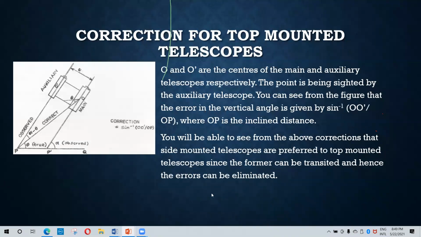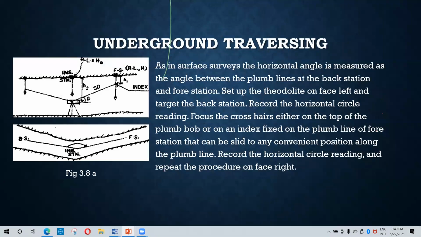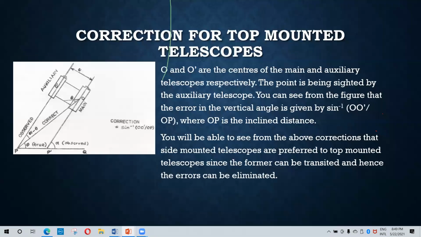So the next one is section 3.7.2 in your book, right? I have only taken the very important thing. Now, if you look at this image again, you don't need to go into much detail, right? What you're measuring, let's say, is this entire angle, right?